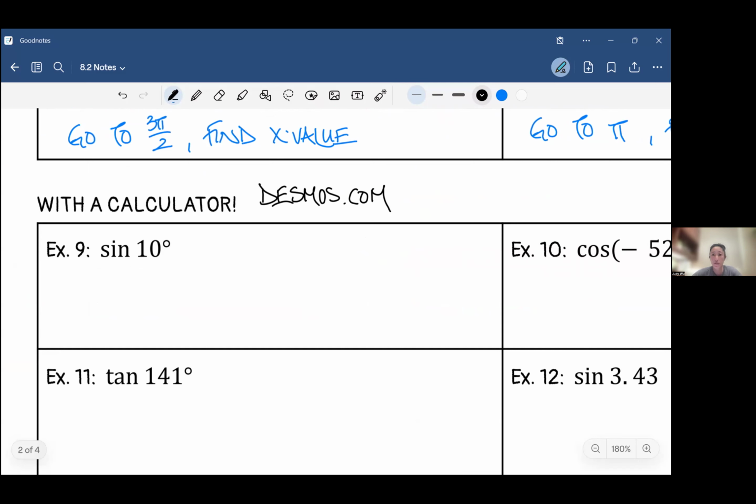The only tricky part, well, there's two tricky parts that we need to be aware of. First, we need to know, are we in radians or are we in degrees? Okay, because our calculator is only going to be in one of those at one time. So if you want to be in degrees, you have to make sure your calculator is in degrees. But if you're in radians, you need your calculator to be in radians.